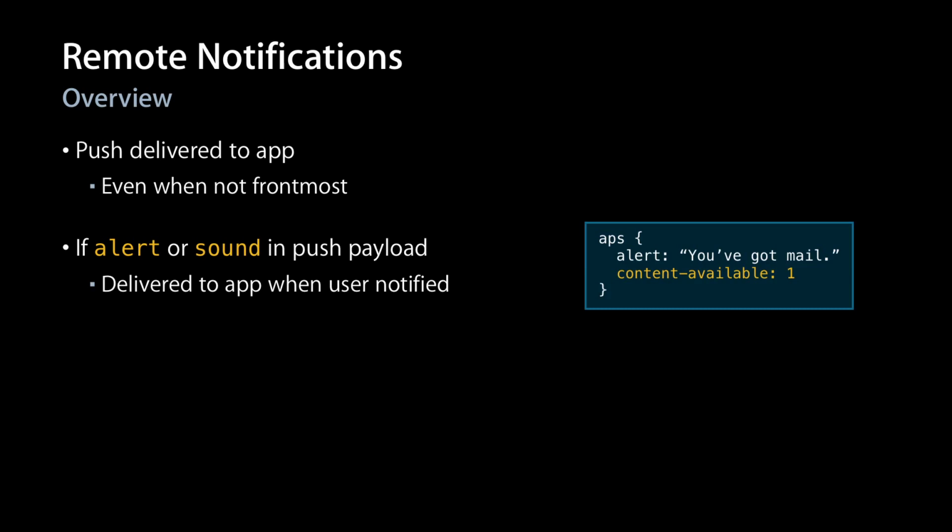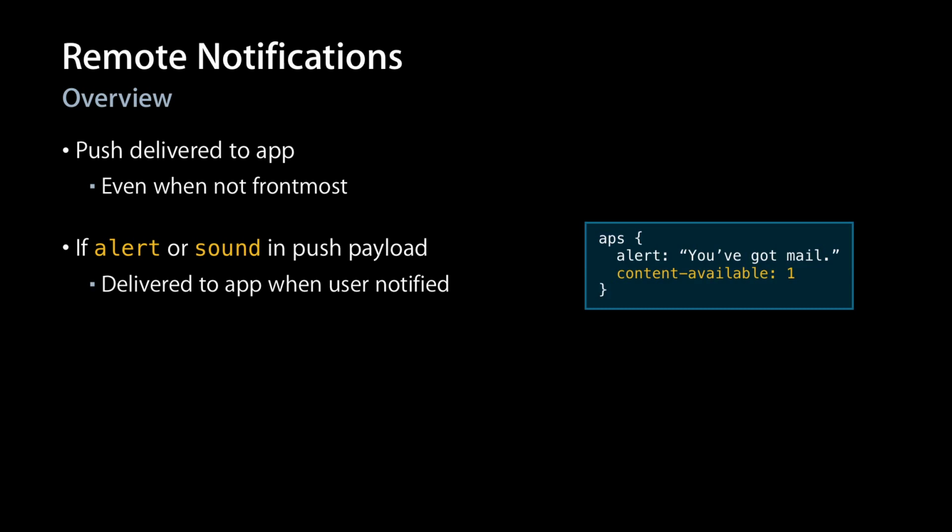So now, using this content available, you hear about the push notification at the same time the user does. And that gives you a chance to start doing your update. So by the time the user taps the action button, you may be done updating, right? And your app will, again, always feel ready. You'll be ready with the content that's meaningful based on that push notification. So that's great.